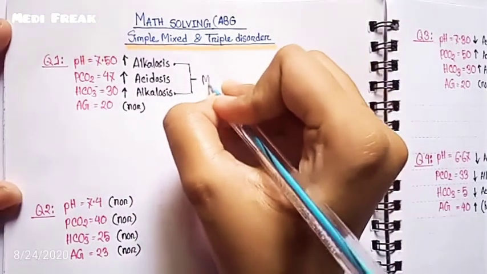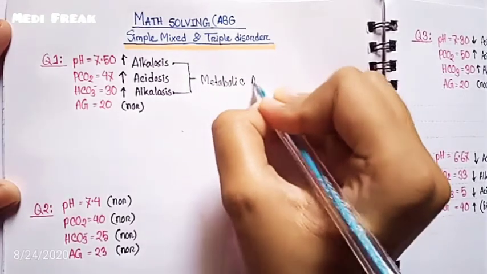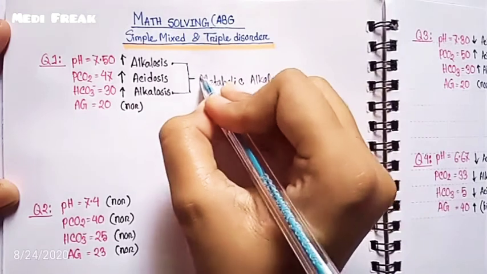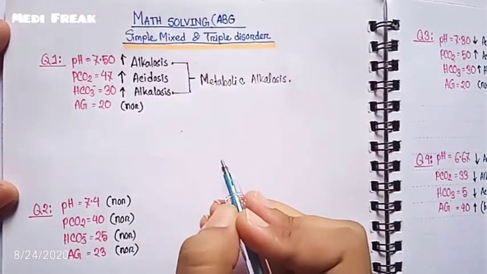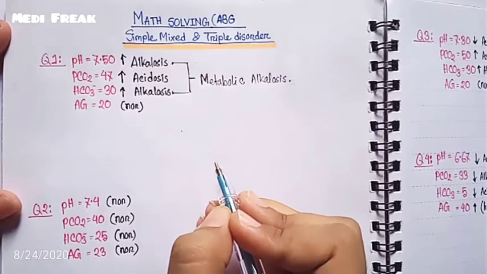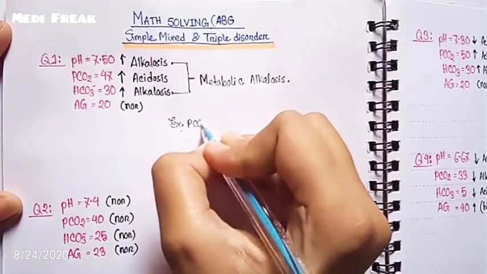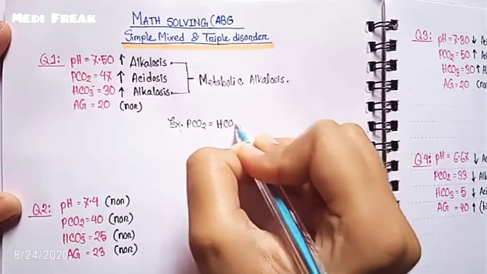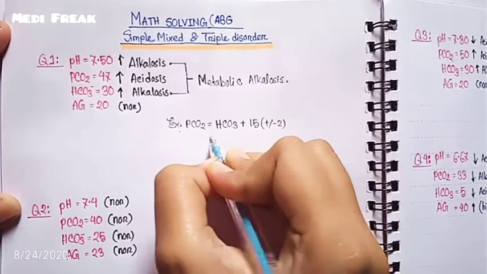So our primary problem is metabolic alkalosis. Okay. So we need our expected partial carbon dioxide level, because it will compensate by partial carbon dioxide. So our expected PCO2 is equal to, we know the formula, bicarbonate plus 15 plus minus 2.